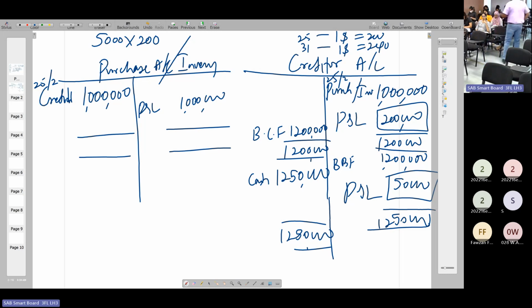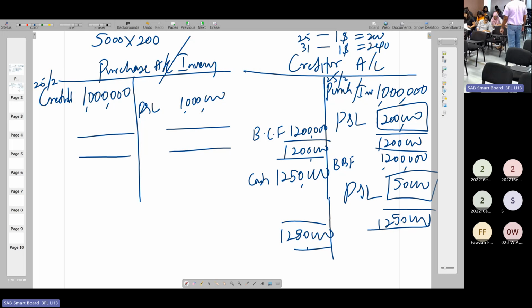Now we'll discuss another one. The summary: settlement after the reporting period. Next one, settlement before the reporting period.